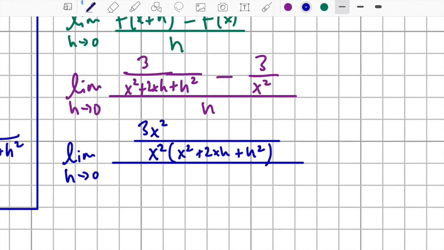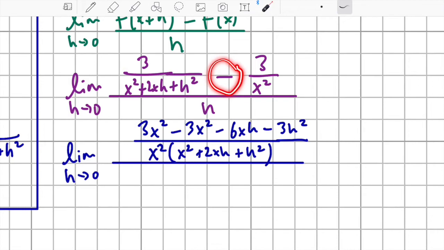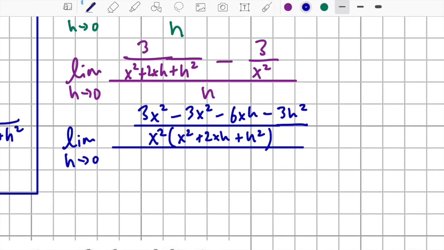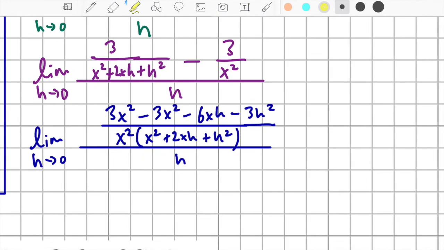So my numerator is going to be 3x squared minus 3x squared minus 6xh minus 3h squared. Again, the reason is because there's a negative in front, that belongs to the 3. And finally, in the bottom, we just have h. So now we're going to start simplifying. Notice that I can cancel 3x squared minus 3x squared, and that's it.